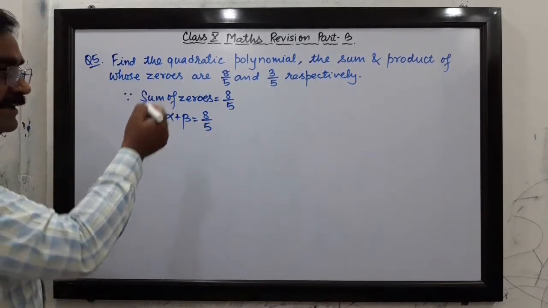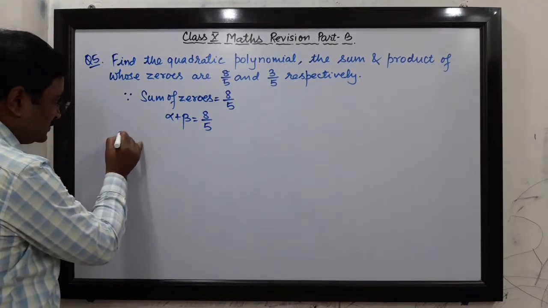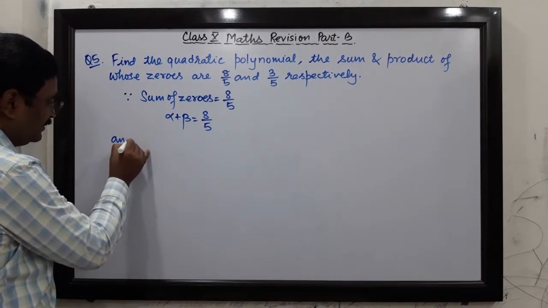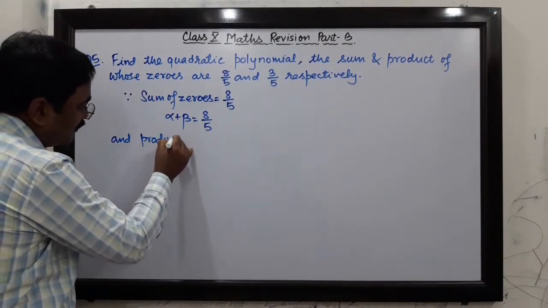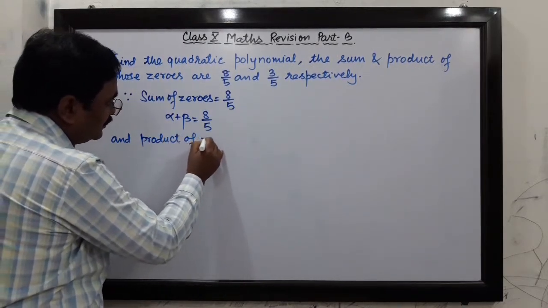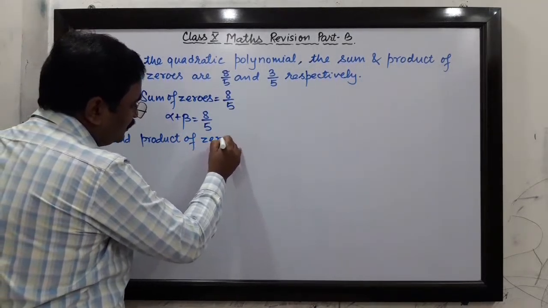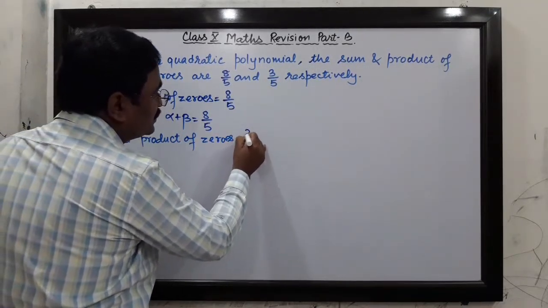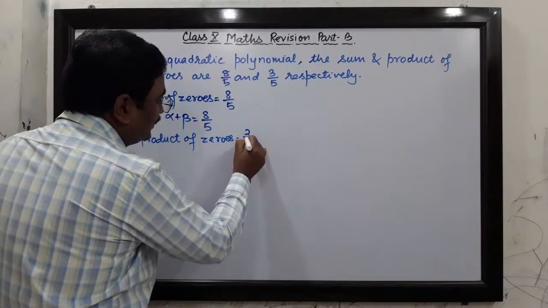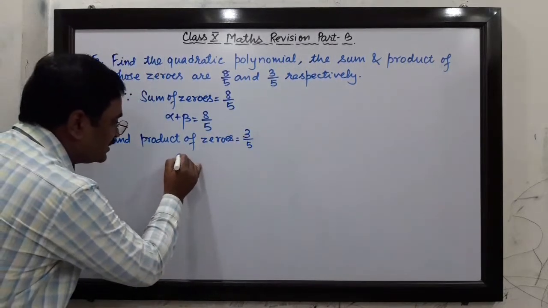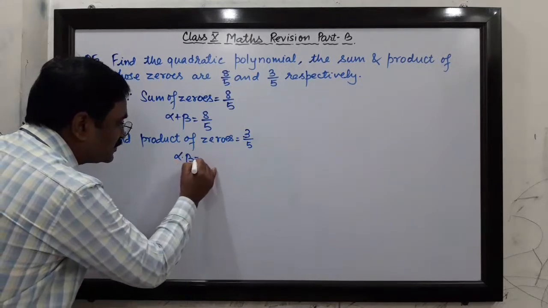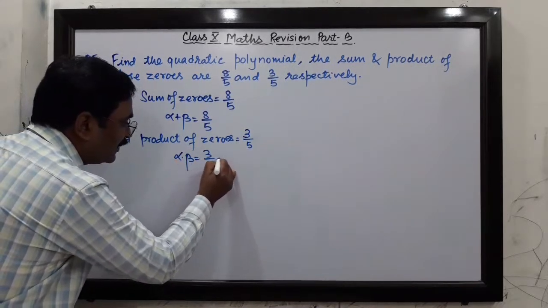Okay? And the second information given is product of zeros. Product of zeros is 3 upon 5. Right friends? It means alpha into beta is equal to 3 upon 5.